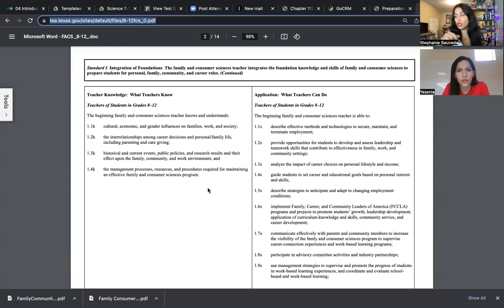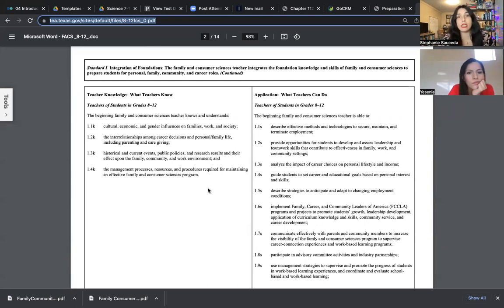So there are overarching themes for each of the standards. And so it's important for you to read this document, try as much as possible to make things in your own words, or think like, oh, this is the overarching idea for this. So the first one, the family and consumer science teacher integrates.